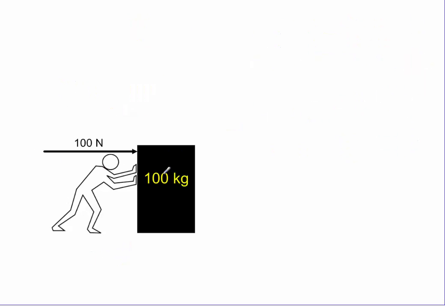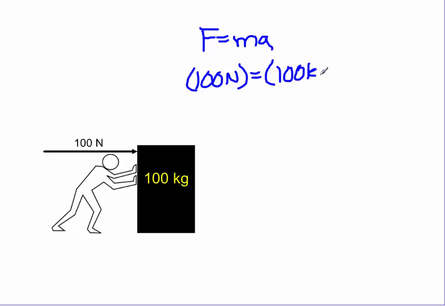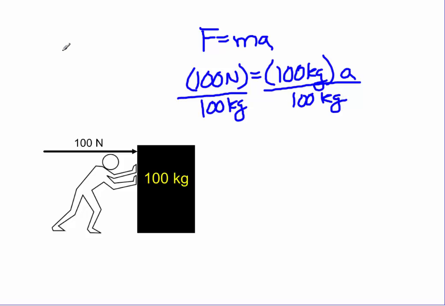Let's test that out over here with a smaller block. Force is equal to mass times acceleration. And now we have 100 newtons of force equals the mass of 100 kilograms. And we don't know what the acceleration is. So again, we want to get acceleration by itself. So we divide by 100 kilograms over here, by 100 kilograms over here. And again, now we're able to cancel out. The kilograms cancel out, the hundreds cancel out over here.